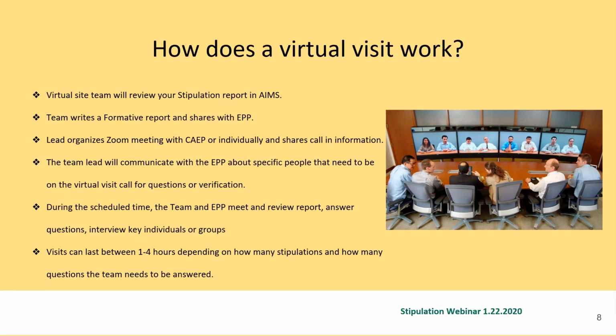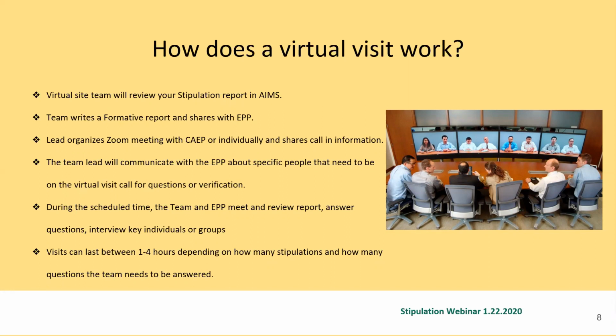During the scheduled time, the team and the EPP meet over that phone call, and they review the report, answer questions, interview any key individuals or groups, and clarify any existing questions for the team. A visit can last between 1 and 4 hours, depending on how many stipulations the report is addressing and how many questions the team still needs answered or clarified during that process.